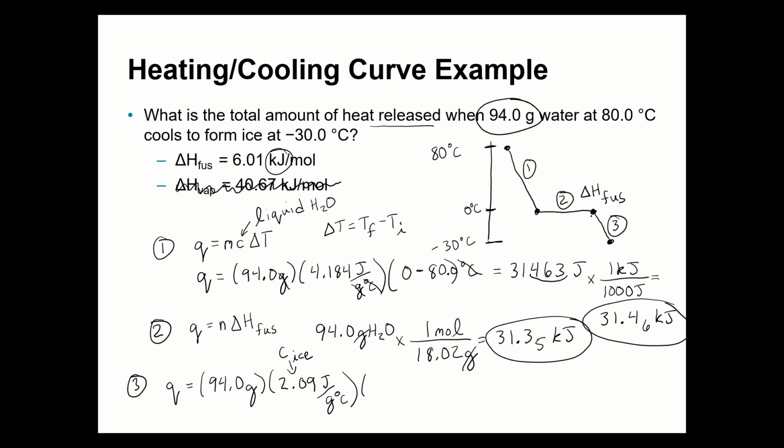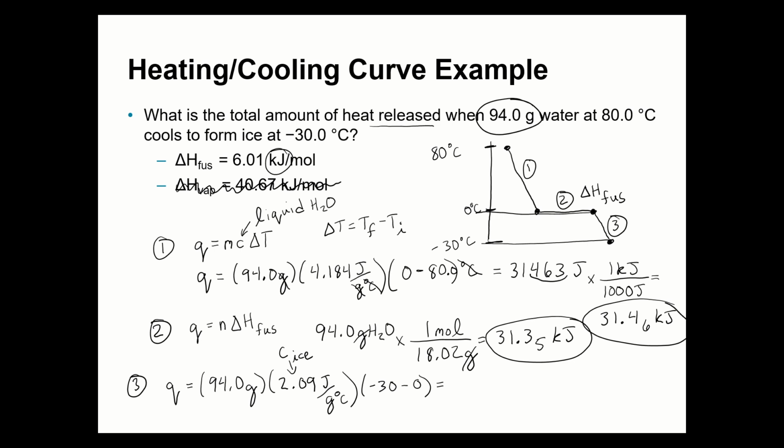So in step 3, remember here, we're going between 0 and negative 30 degrees Celsius. So that would be negative 30 minus 0. And again, even though this value would come out negative, we're going to make it positive because we're just looking for the magnitude of the value.